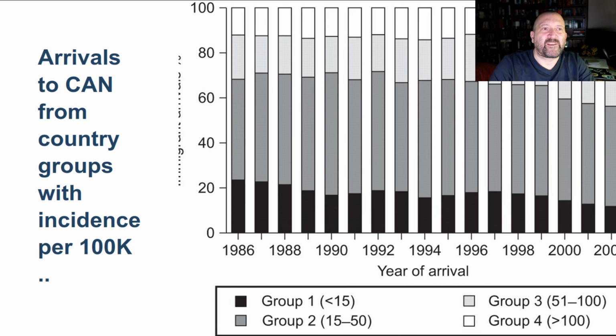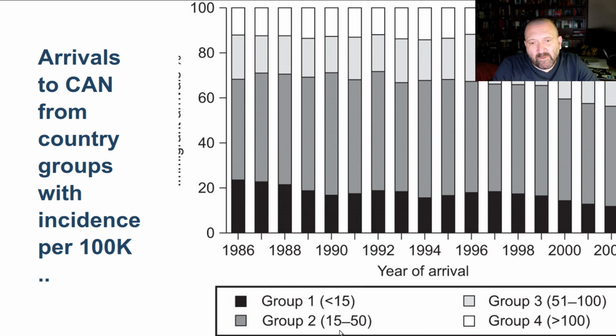So for context, Canada, the average for the country is 3.5, I believe, or 3, somewhere in this ballpark, new cases of TB per 100,000 people per year.